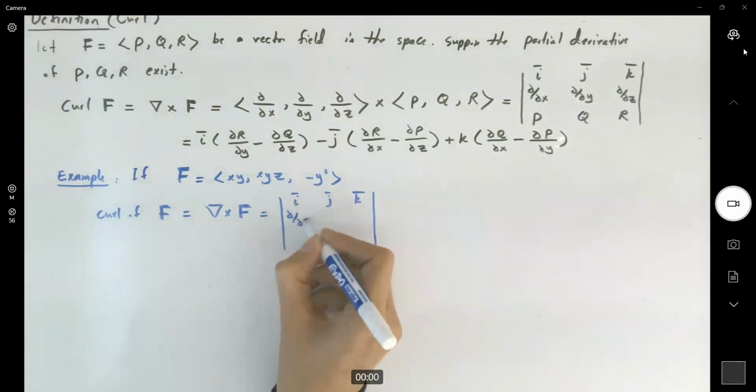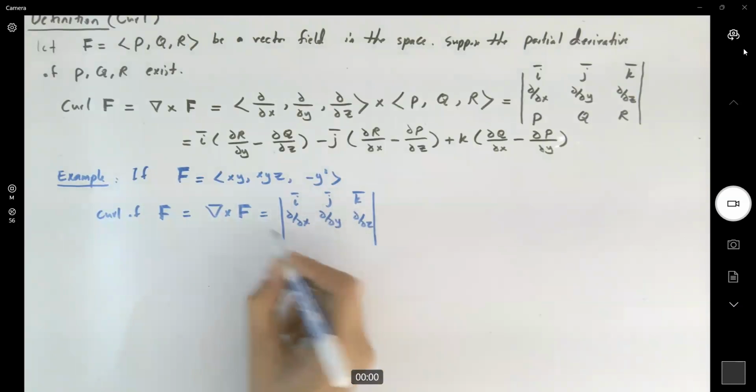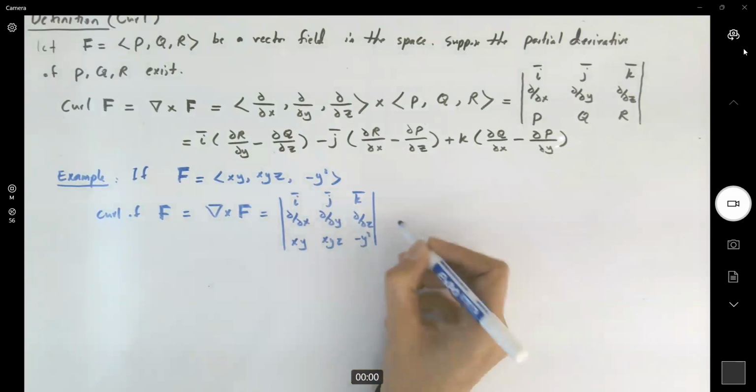Here you have partial derivative with respect to X, with respect to Y, with respect to Z, and you're going to copy down the components of this well-behaved function.